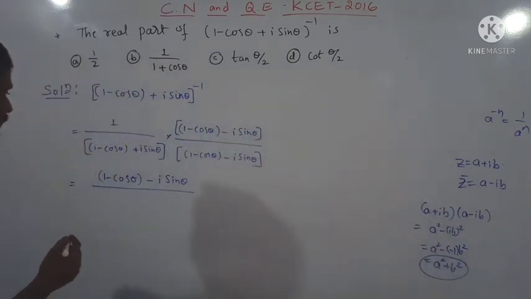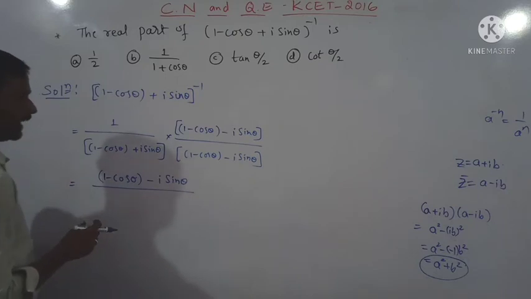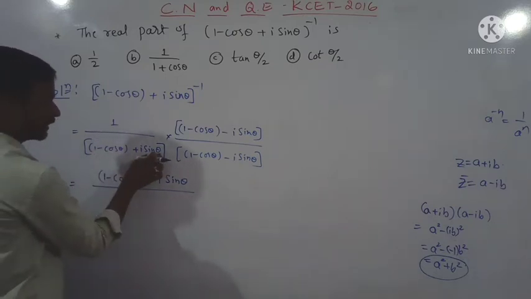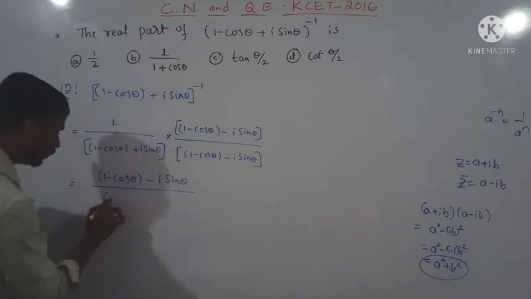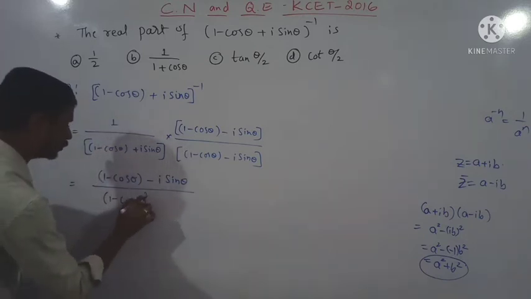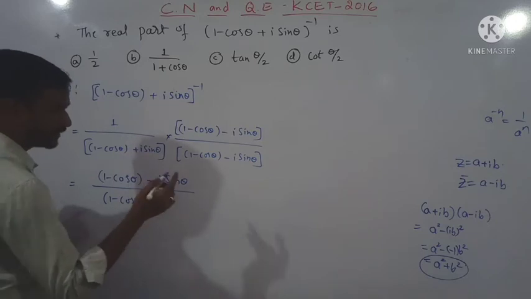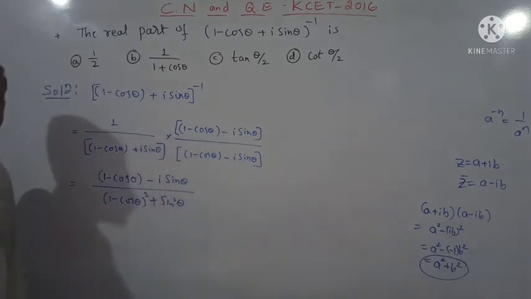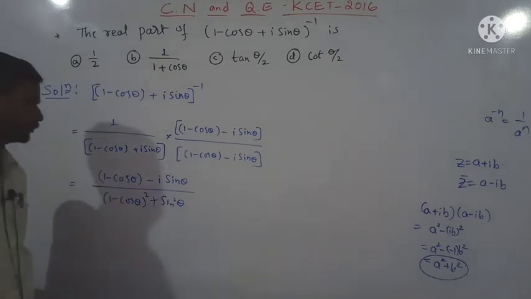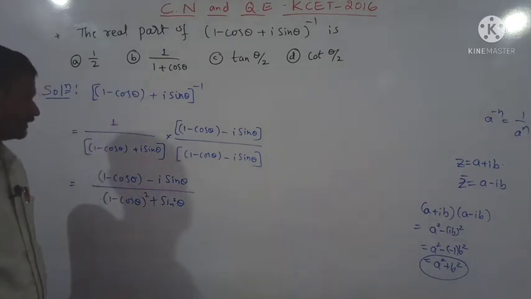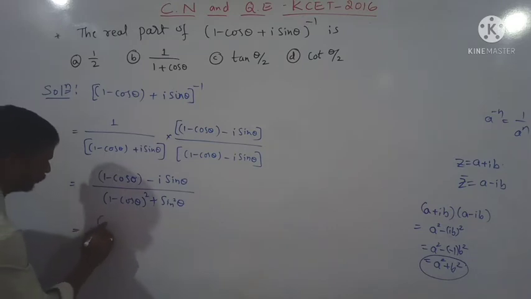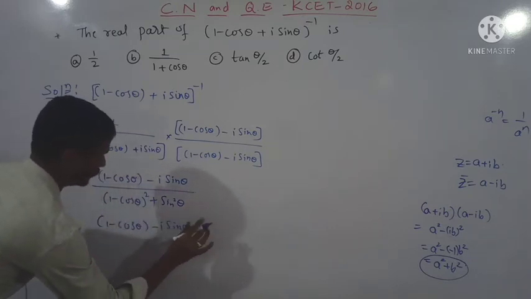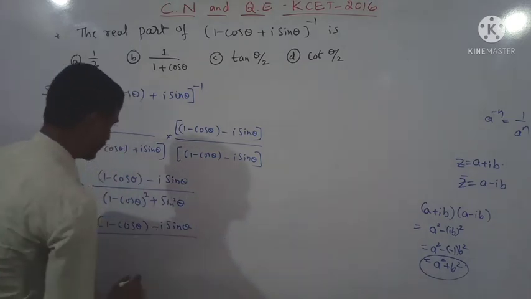So a square plus b square. Here in place of a we have 1 minus cos theta, in place of b we have sin theta. A square means 1 minus cos theta whole square, plus b square means sin square theta. This is equal to, let 1 minus cos theta minus I sin theta be as it is; below, let us expand.